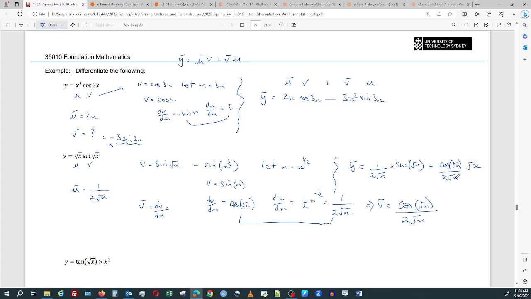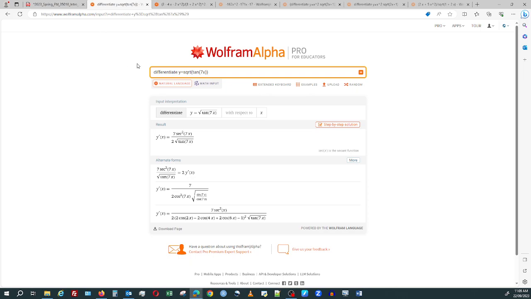So they're a product, so they'll cancel, and you'll be just left with sine root x over 2 root x plus cos root x over 2. So that'll be your final answer. Okay, so yes, it's a bit complicated, but it's certainly worth you doing.